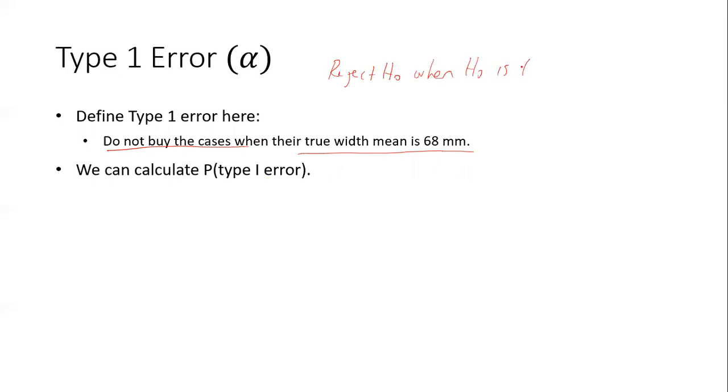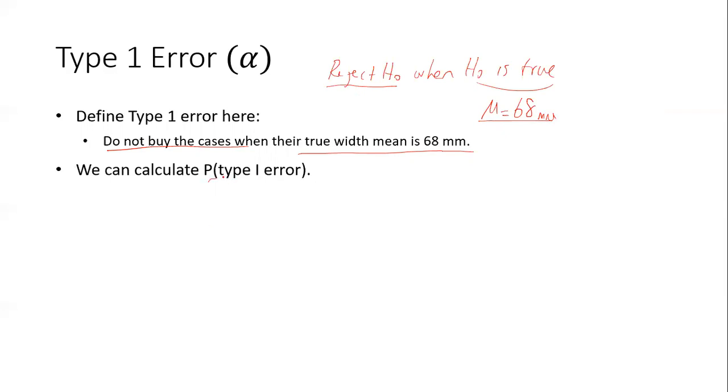H0 is true means that mu is equal to 68 millimeters. So the factory in China is producing with the correct mean, but you decide not to buy those cases. So this is type 1.